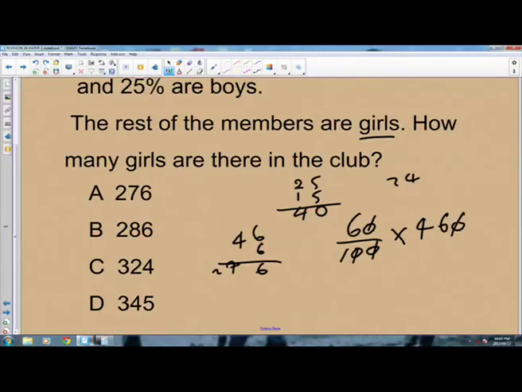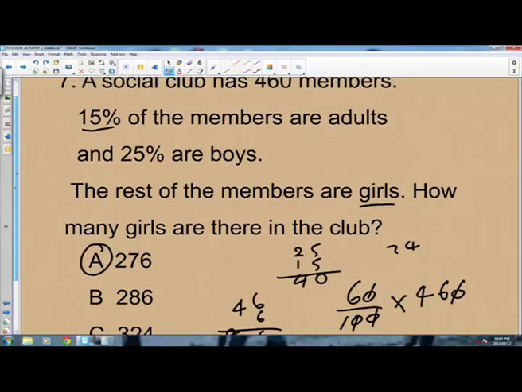So according to this question, there are 276 girls in this social club, and we will circle A because that's where the 276 is. There is another alternative way of working out this question, which I believe will take a longer time.